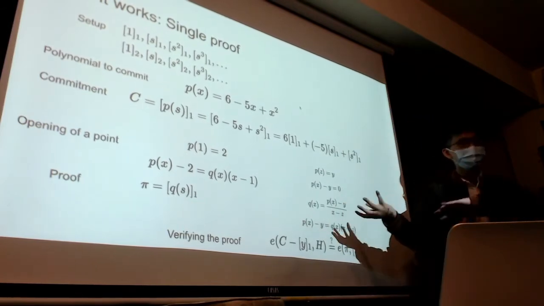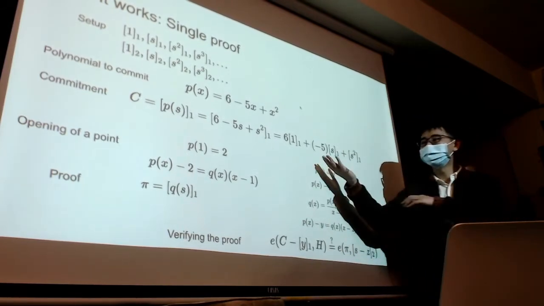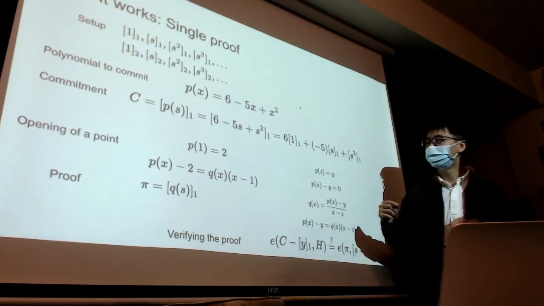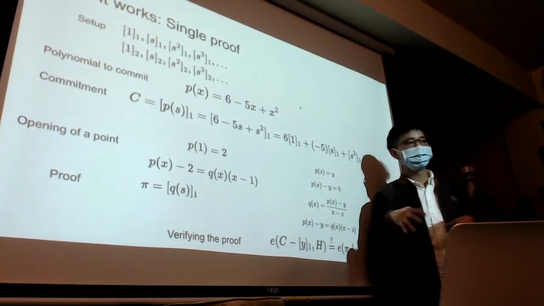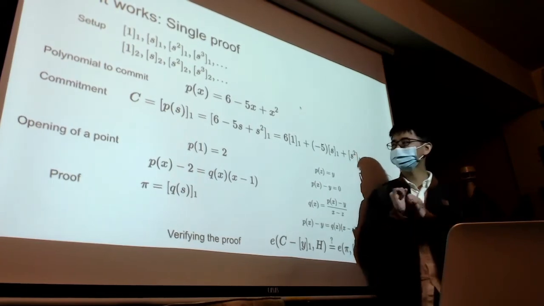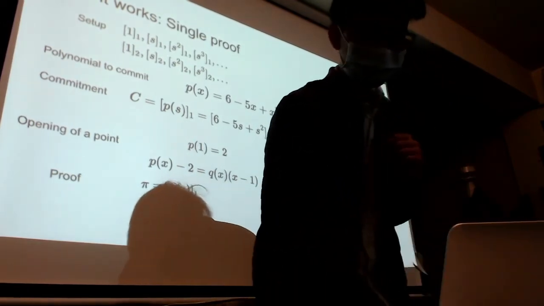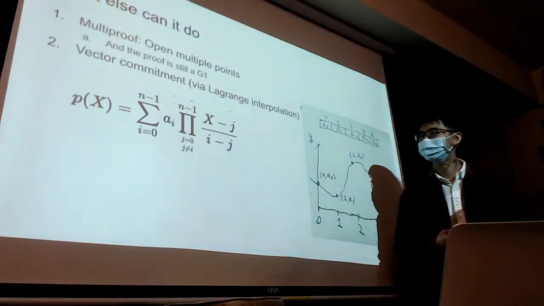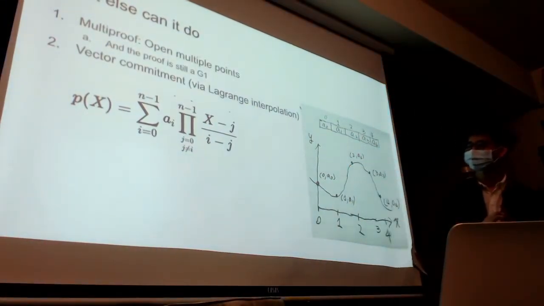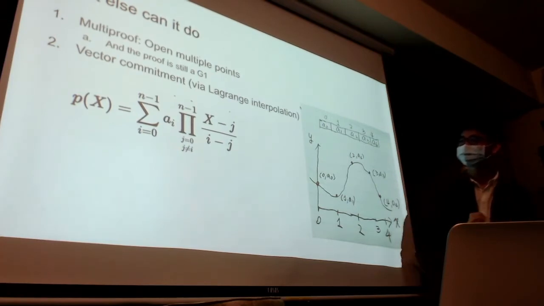They can generate another polynomial and evaluate on the same value. But it can be proved that it's computationally infeasible. And so, yeah, that's mostly the technical part I want to talk about there.